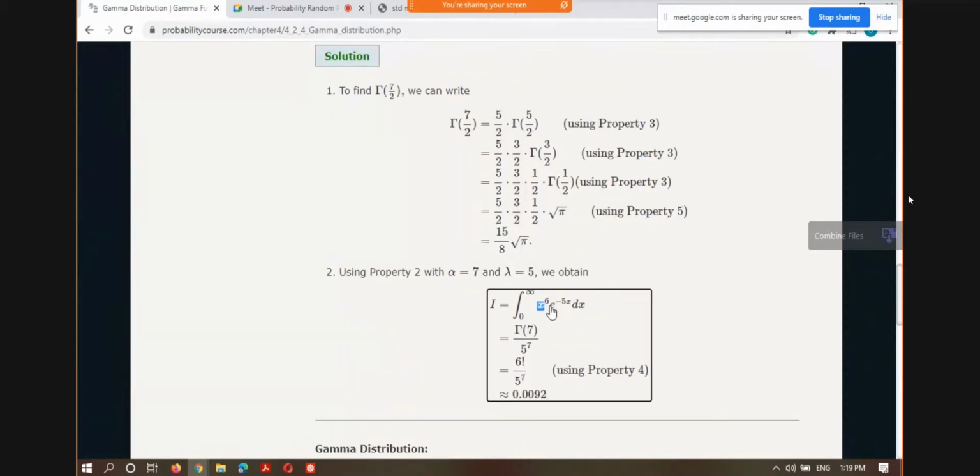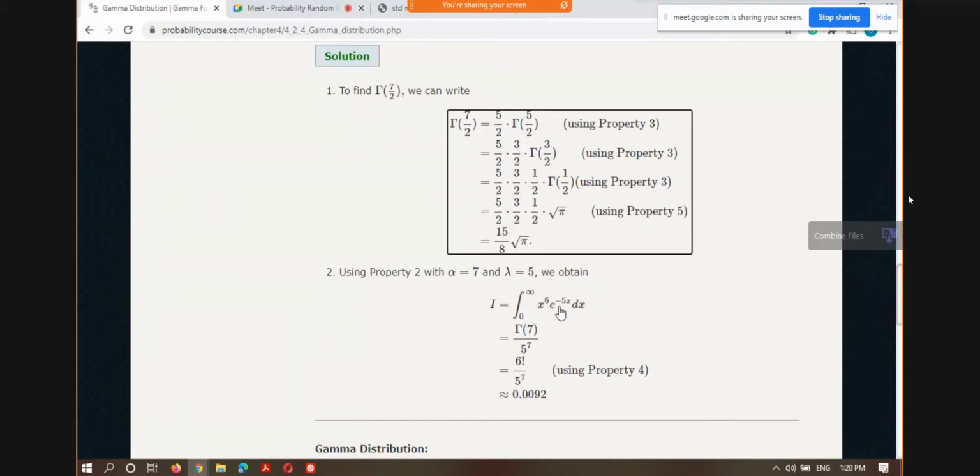Now if you have this kind of integral, it is difficult to do the integration by parts because it has x raised to power 6. So it takes time. So you use the gamma integration property, because it is the integral from 0 to infinity of x raised to power 6 times e raised to power minus 5x.